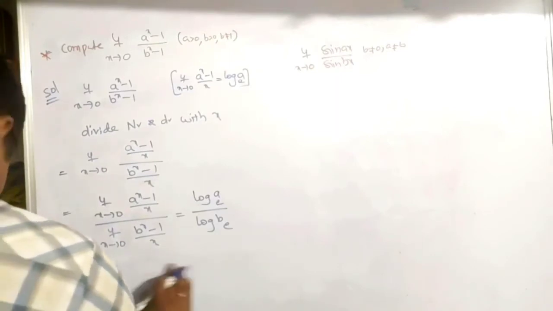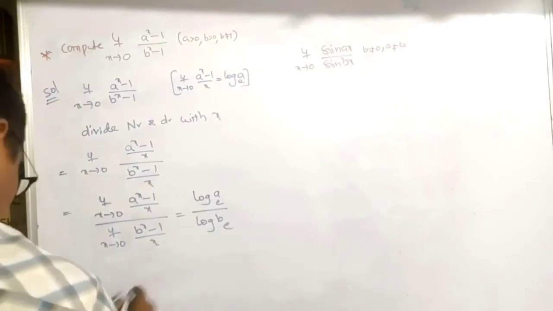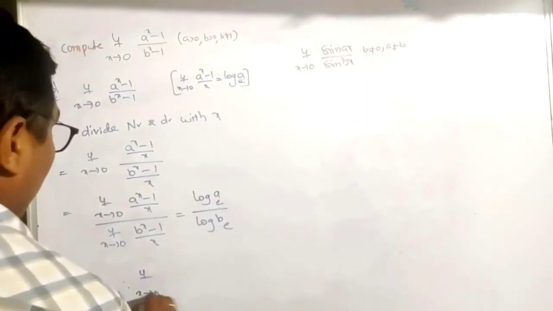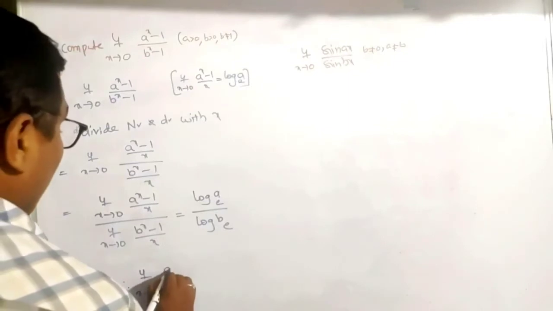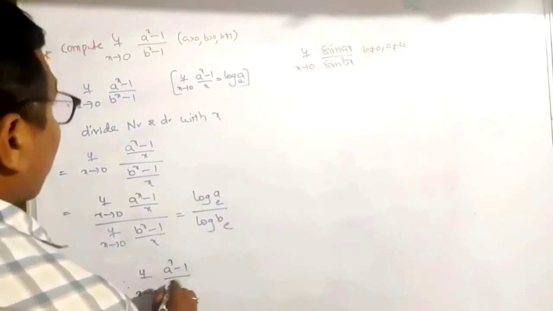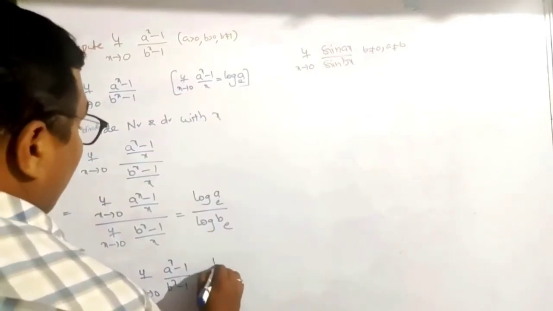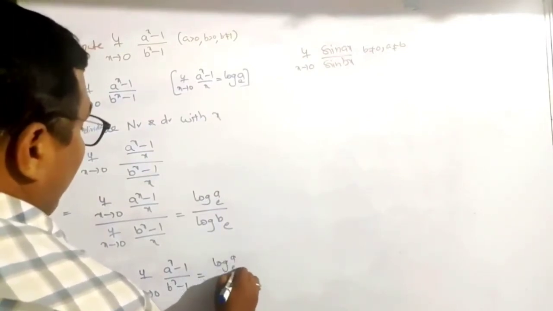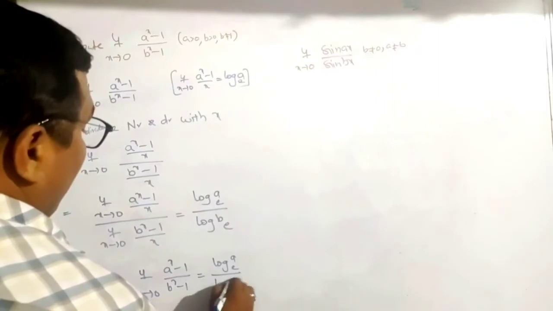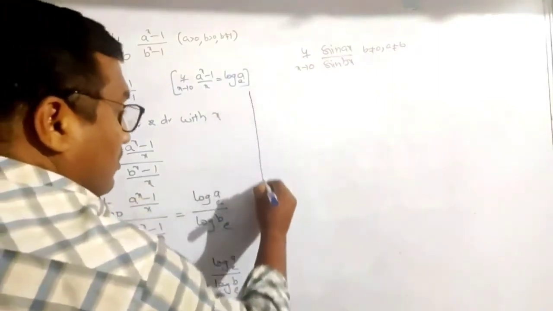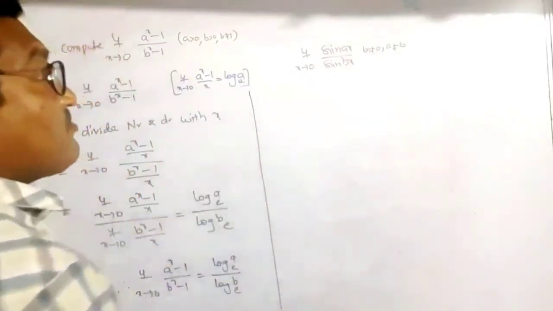Write like this: limit as x tends to 0 of (a^x minus 1) by (b^x minus 1) is equal to log a by log b.